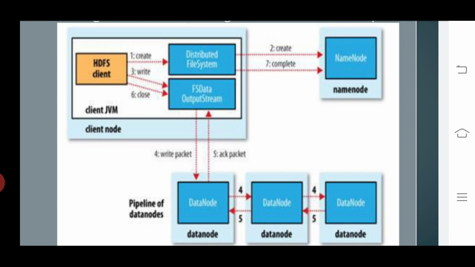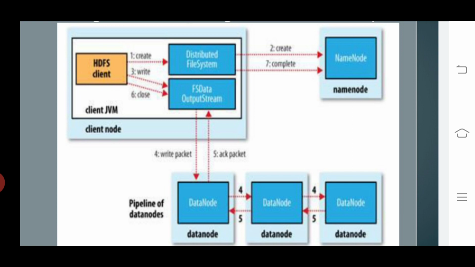A packet is removed from the acknowledgement queue only when it has been acknowledged by all the data nodes in the pipeline. That is the concept of step 5.